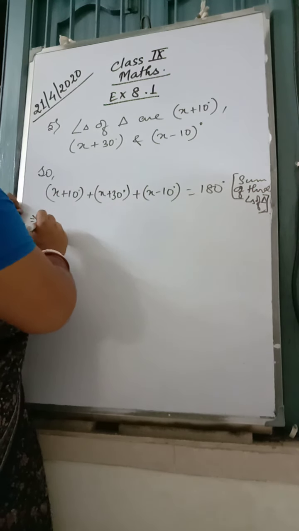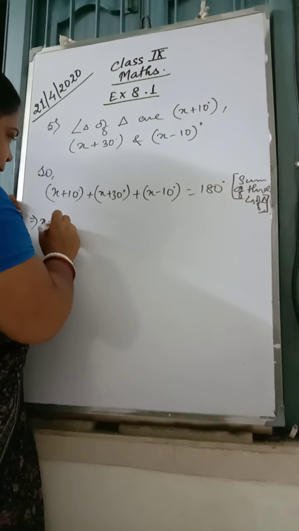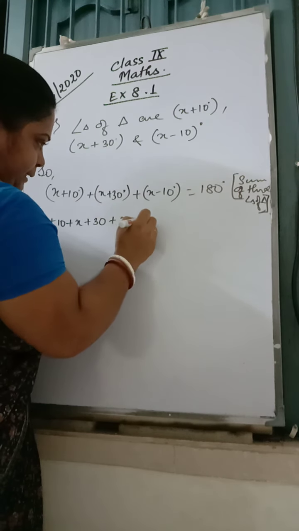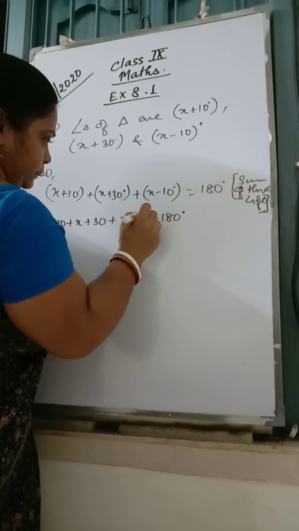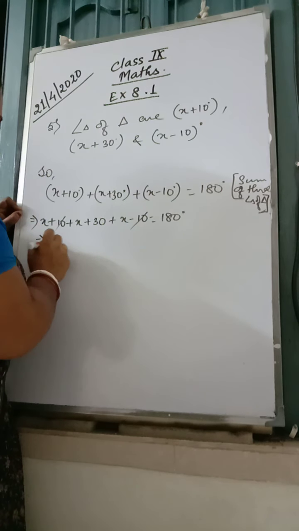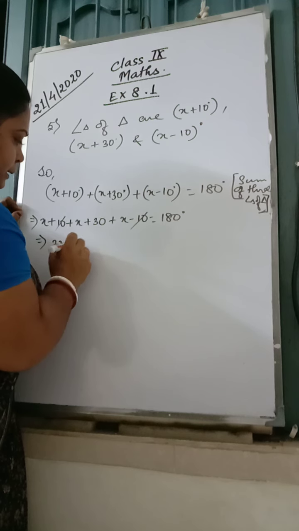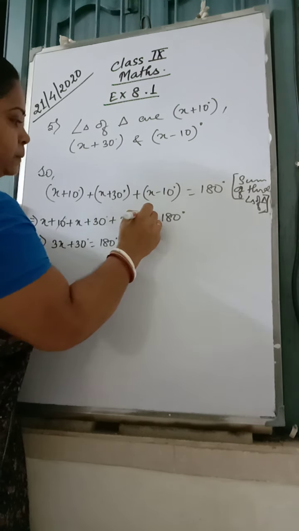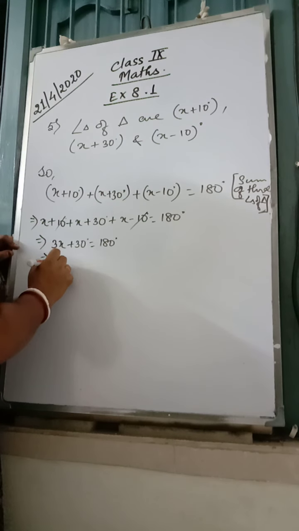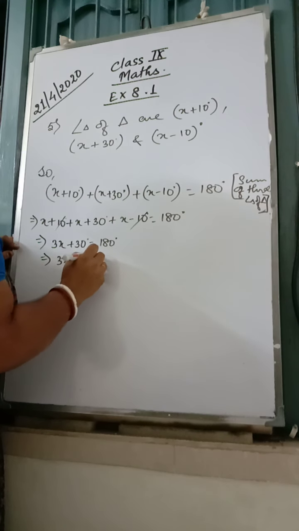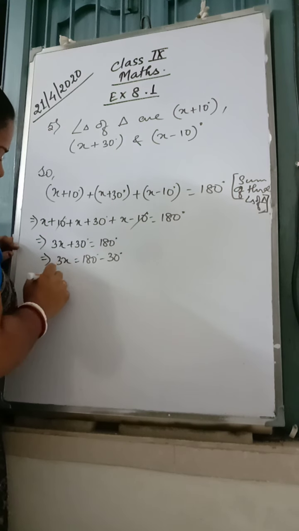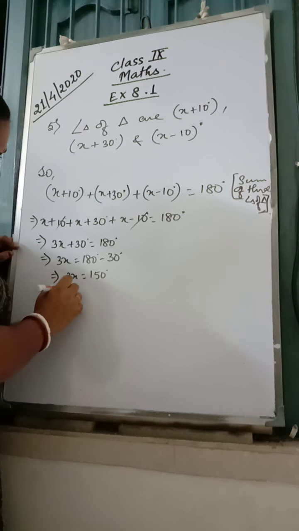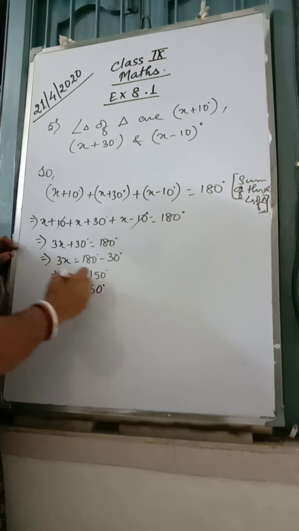Or we get x plus 10 plus x plus 30 plus x minus 10 is 180. This minus 10 plus 10 I can cancel. So 3x plus 30 is equal to 180, or 3x is equal to 180 degree minus 30 degree, or 3x is equal to 150 degree. So x is equal to 50 degree.